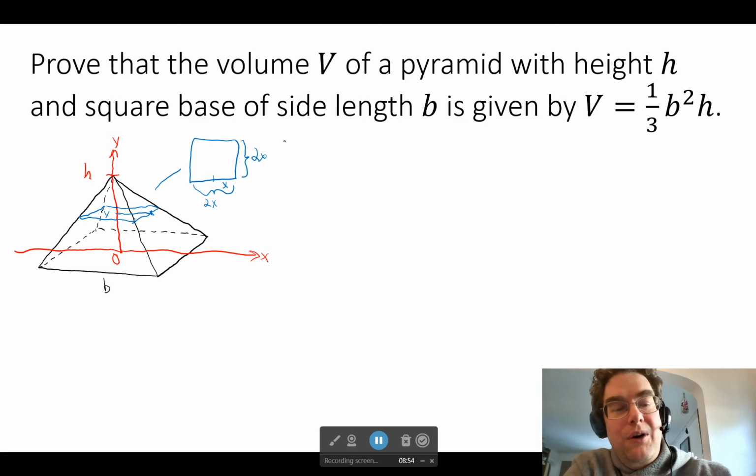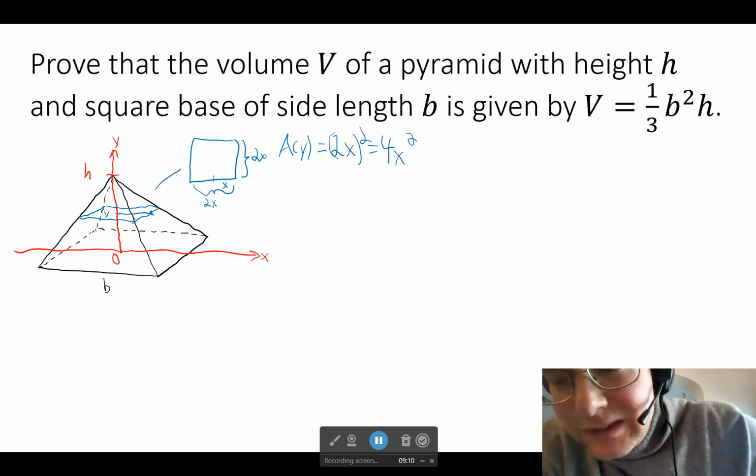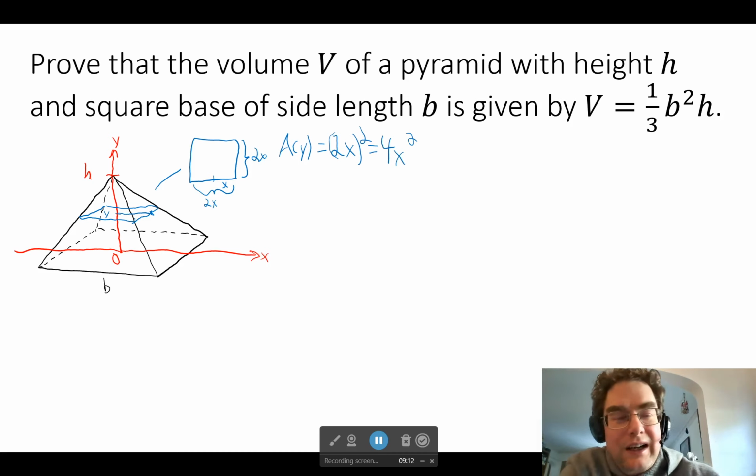So far what we know is that A of y is going to be side length squared. So that's going to be (2x) squared, which is just 4x squared if we square the factors separately. That's all well and good, but we need this in terms of y.